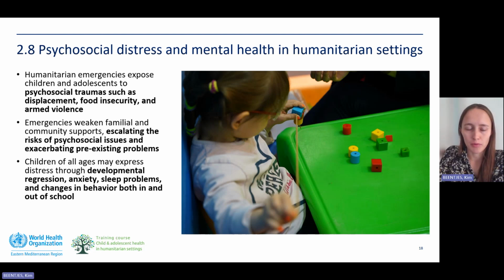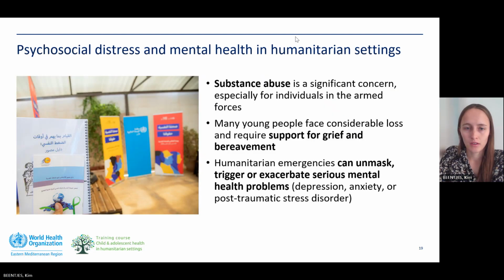Children of all ages can express distress. This can be through regression in their development. They can experience anxiety, sleeping problems, and their behavior can change both inside schools and outside of schools. Then another significant concern for children and adolescents in humanitarian settings is substance abuse, and this can especially be dangerous and occurring in individuals that are in the armed forces.